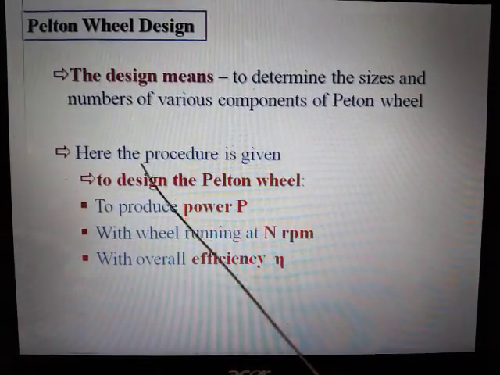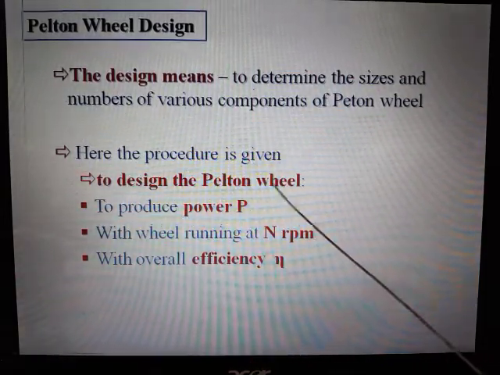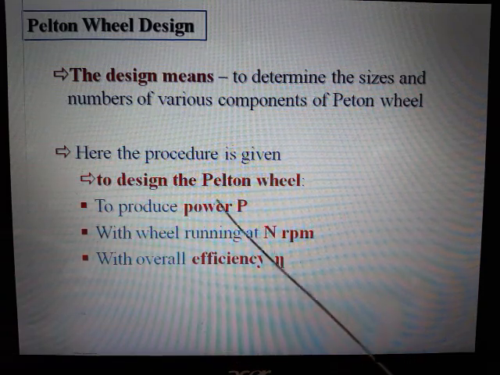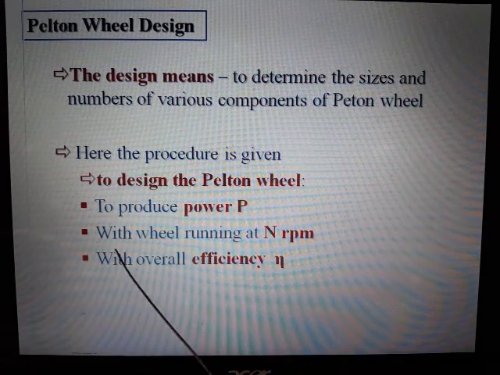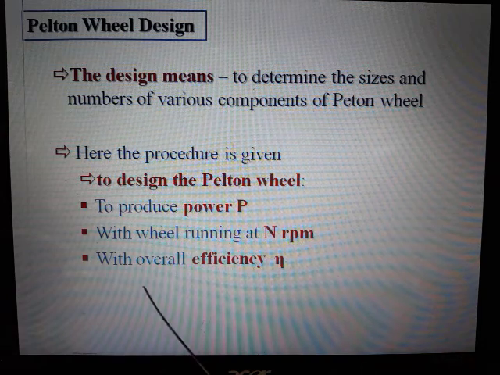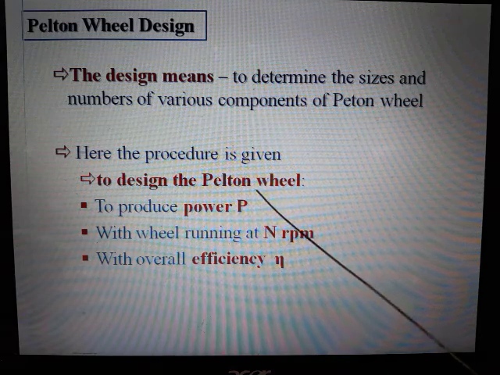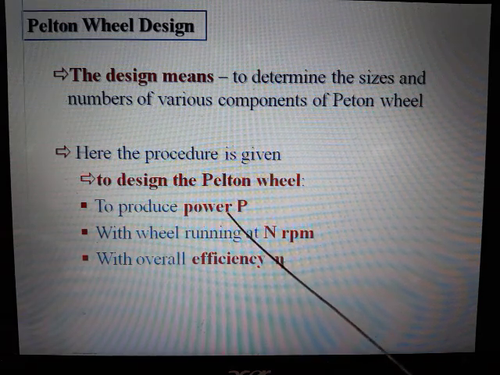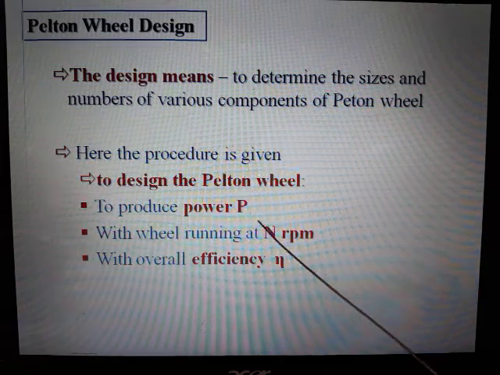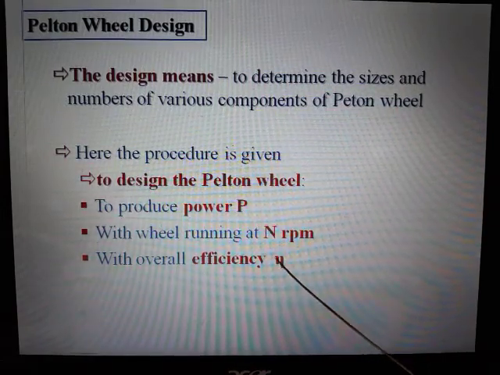Here the procedure is given to design the Pelton wheel to produce power P. This has to be predefined, with the wheel running at n rpm, revolutions per minute, and with overall efficiency eta. If these things are defined, we can design or give the proportions of the sizes of the Pelton wheel. If some of these things are not given, for example n and efficiency, we can assume them and then go ahead.